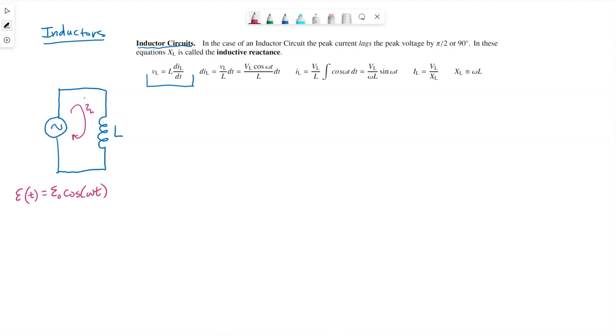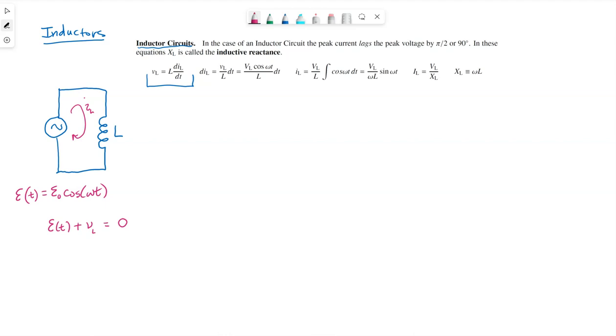We've been using cosine to describe our voltage. I'm going to continue with that. If the inductor is the only element in this circuit, then the inductor's voltage at any given moment in time has to equal the source voltage as well. And that's from Kirchhoff's loop rule. Kirchhoff's loop rule still totally must apply.